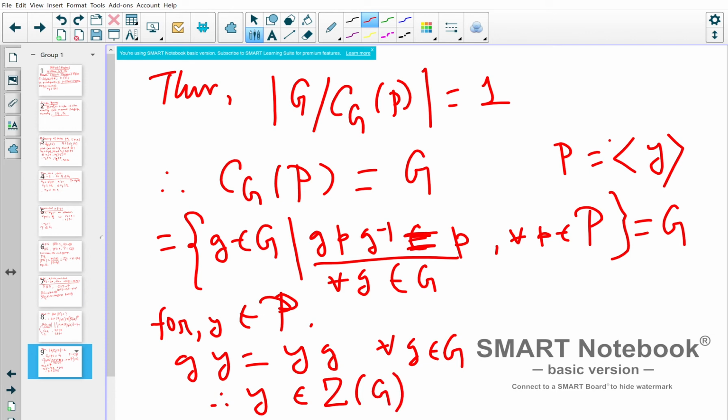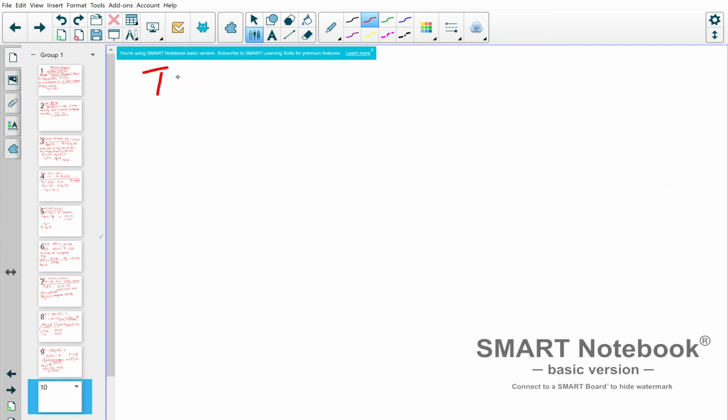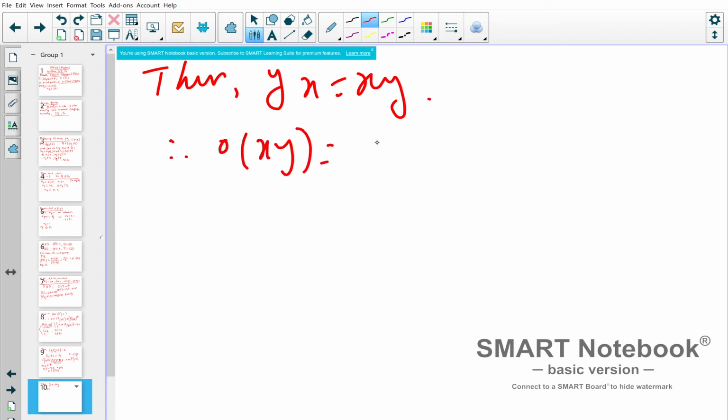So if y belongs to the center, then y also commutes with x, right? So thus yx equals xy. y commutes with x, and thus the order is nothing but the product of the individual orders, right? Clear? So what does that mean?